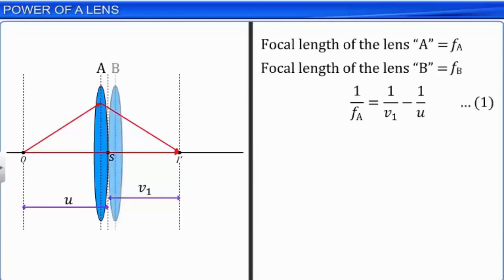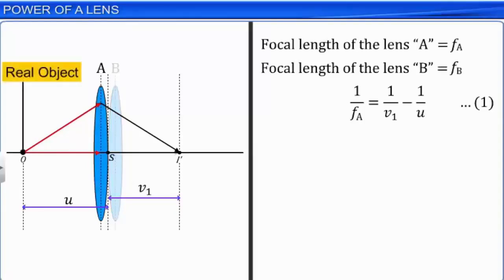Let us analyze the refraction through the second lens. If a diverging beam of light is incident on a lens, then the object is a real object. On the other hand, if a converging beam of light is incident, then it is treated as a virtual object.